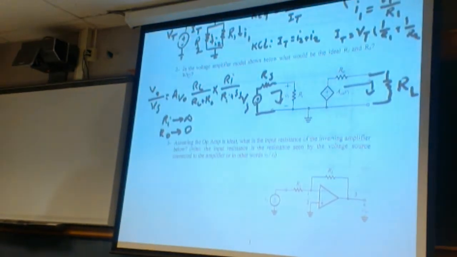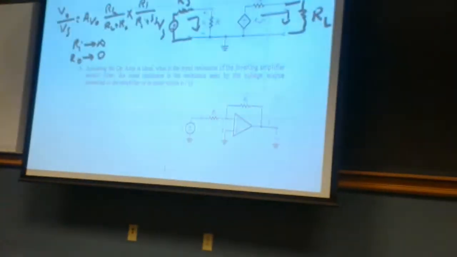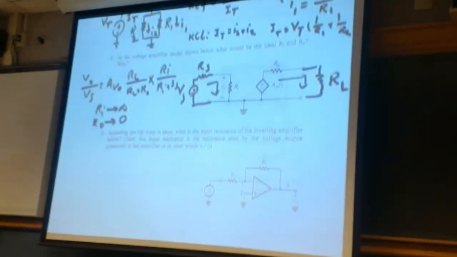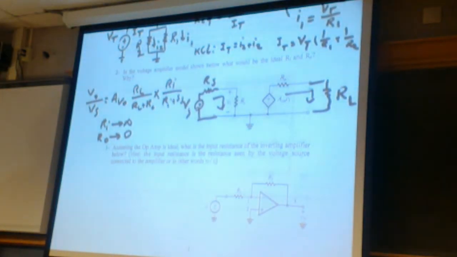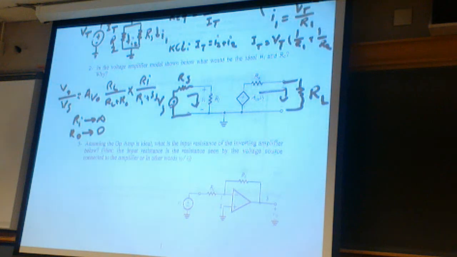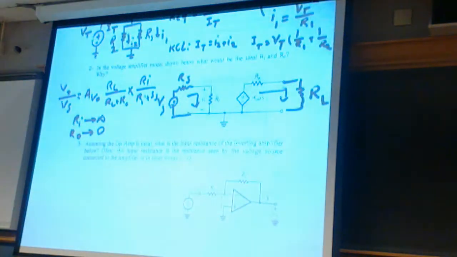If RI is infinity, it doesn't matter what RS is. You're getting it all dropped across RI. If RI is infinity, that means there's no current passing through RS, so it doesn't matter what RS is, because there's no current passing through it.